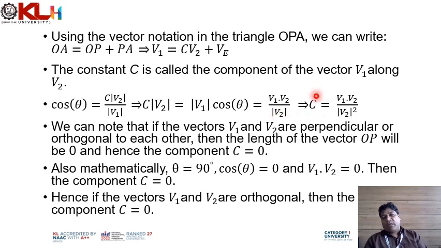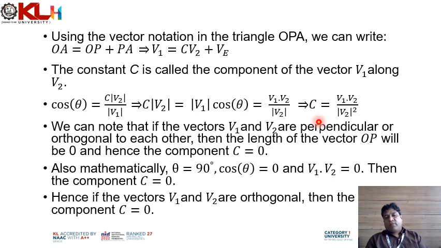From this we get the component C as V1 dot V2 divided by mod V2 whole square. This is the component of the vector V1 along the direction of the vector V2. So C is equal to V1 dot V2 divided by V2 modulus square.